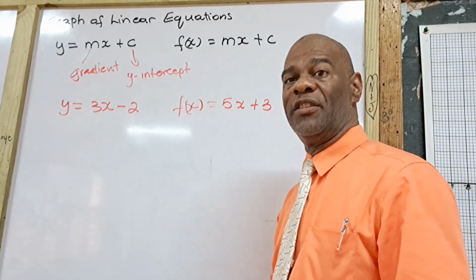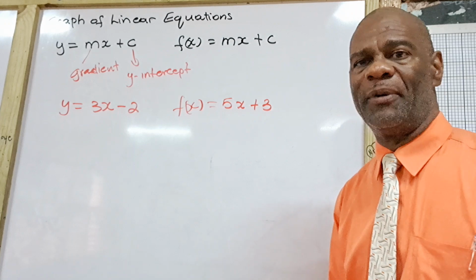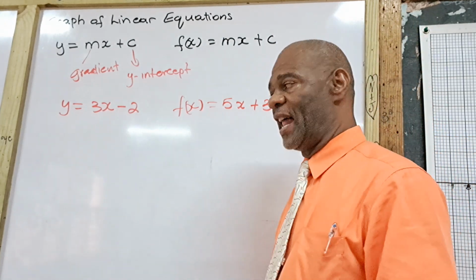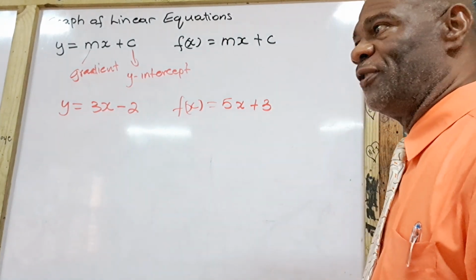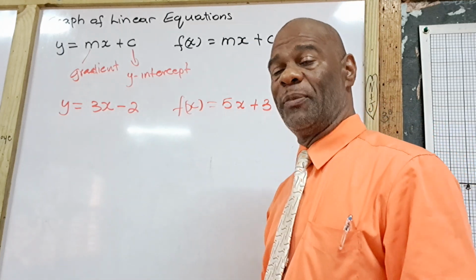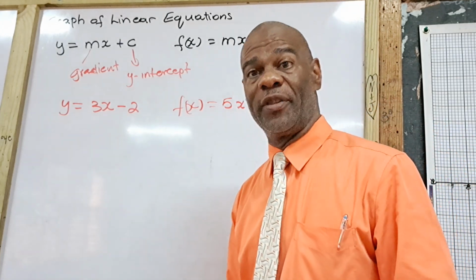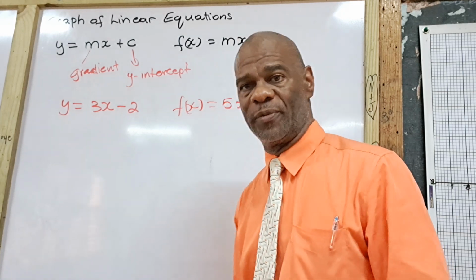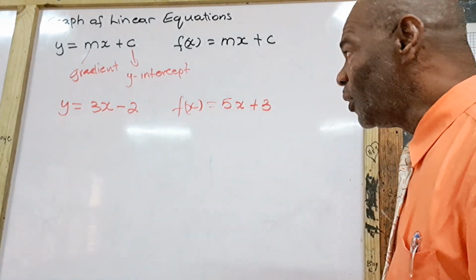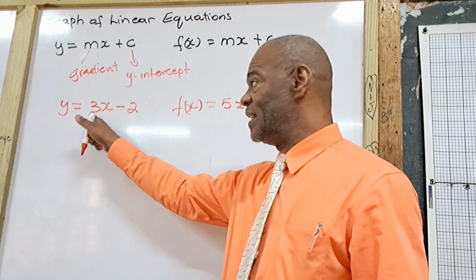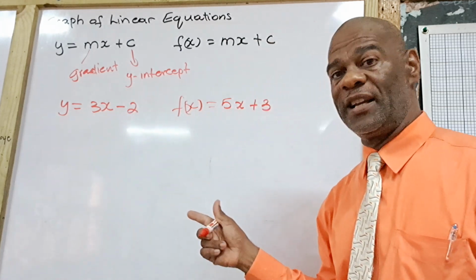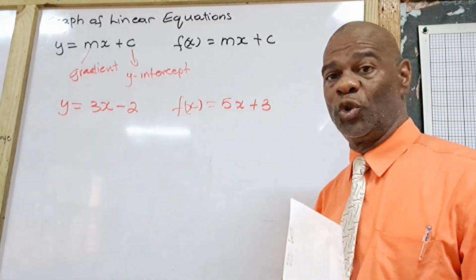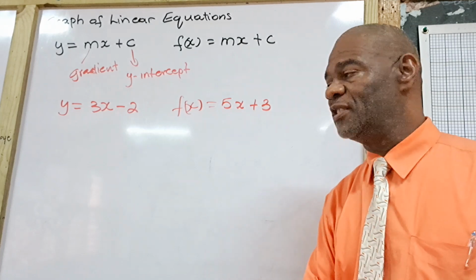The gradient tells us about the steepness of the line. If you're going up a hill, you can talk about the gradient or the slope of the hill, how it slopes up or down. Whether the gradient is negative or positive tells us how the line is sloped, but we will look at that in another session.